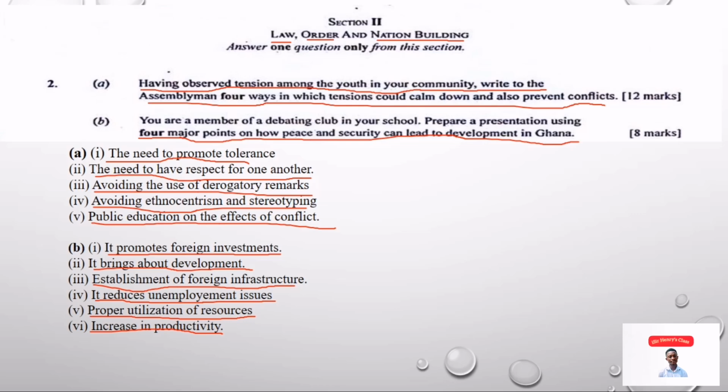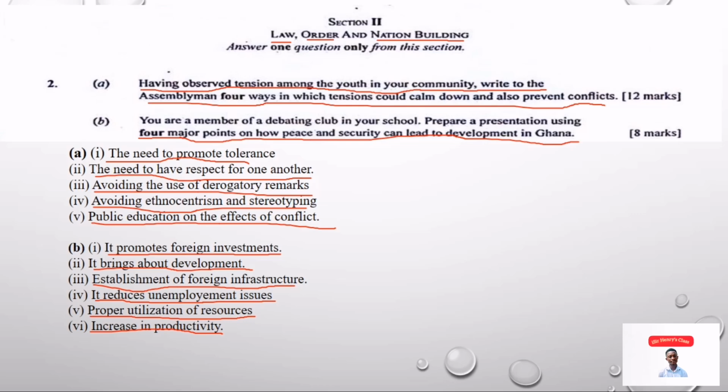And two, it brings about development. So when foreign investors come in to invest, there will be development socially, economically, politically, establishment of infrastructure. So when foreign investors come in and invest, they would establish some social amenities, social infrastructure to help the people in the society.